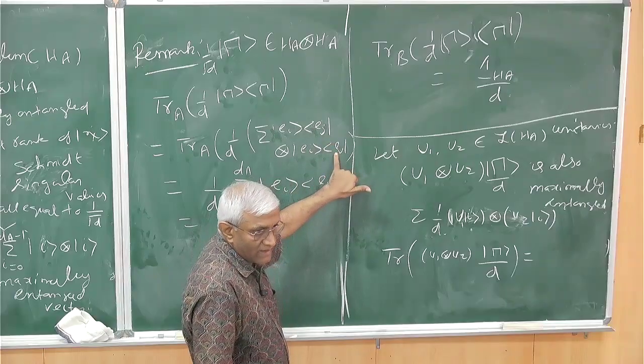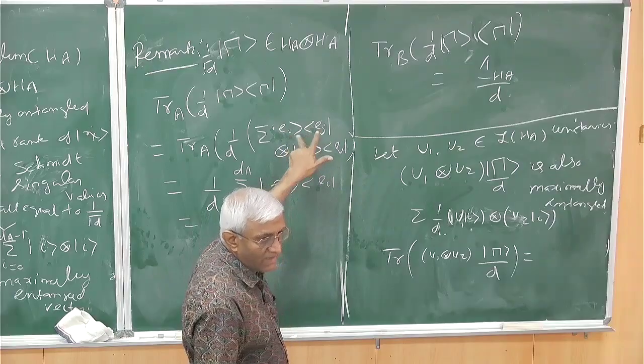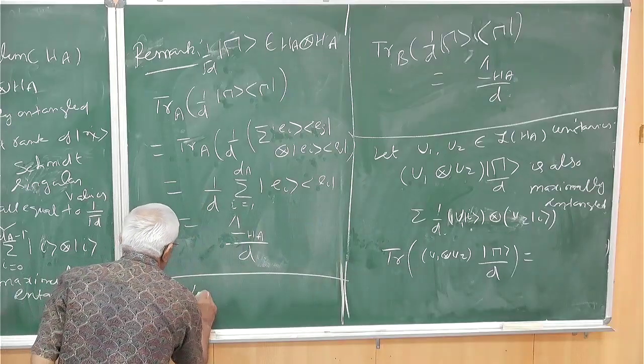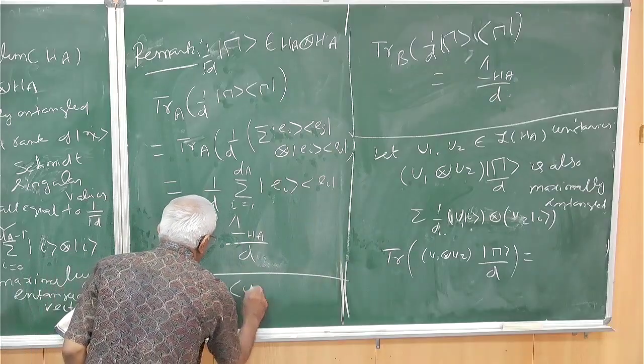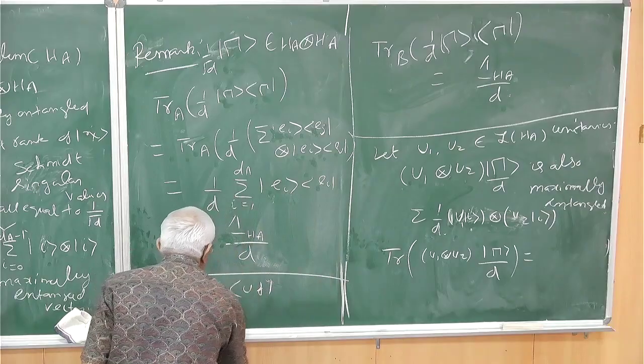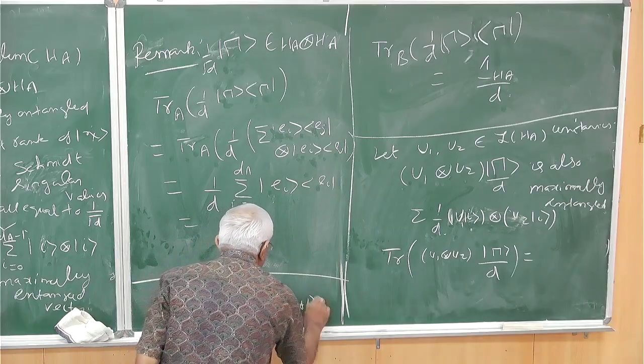That's what you will get. You take any U, e or f, whatever. This is nothing but U of e, f, U star.